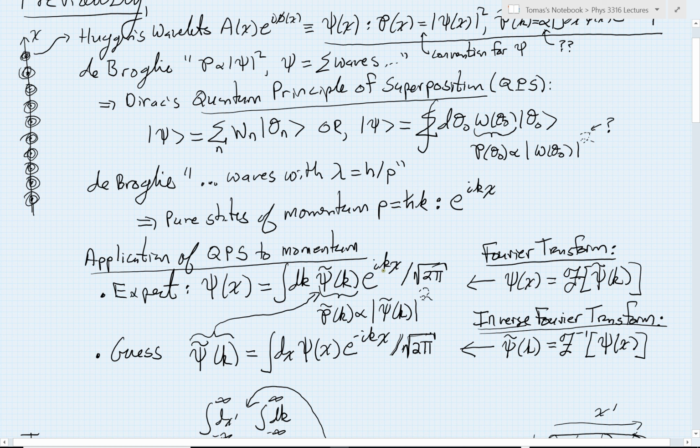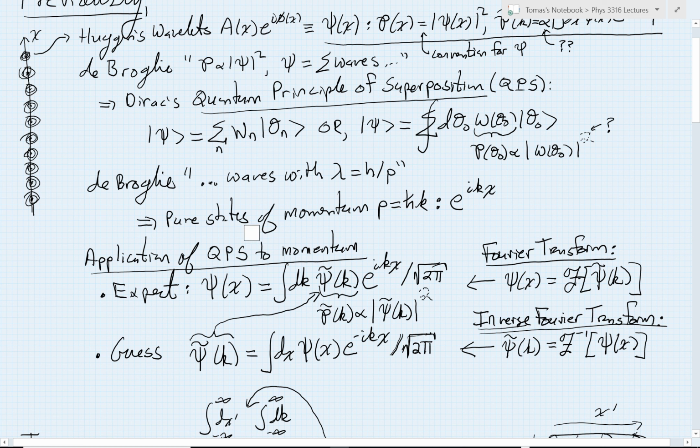When we wrote e to the ikx, that came from de Broglie, right? And we had this basic intuition that pure states of momentum should be e to the ikx. But at that point, we were really dealing with just proportionalities. We hadn't defined the normalization, the amount that should be multiplying our wave.